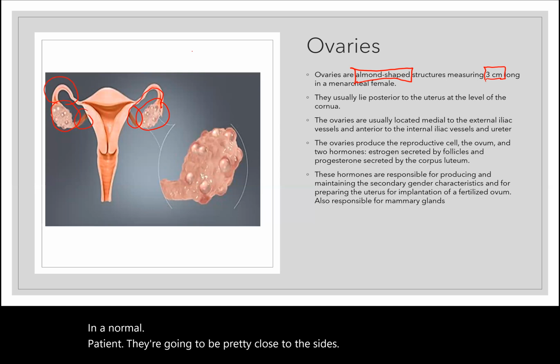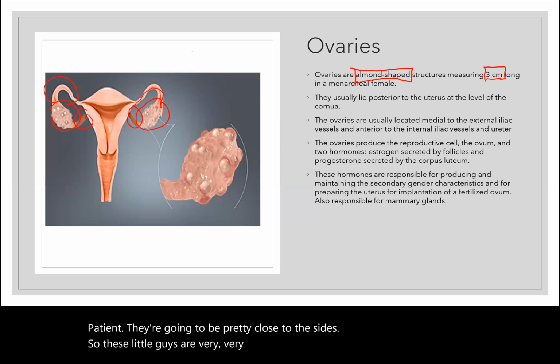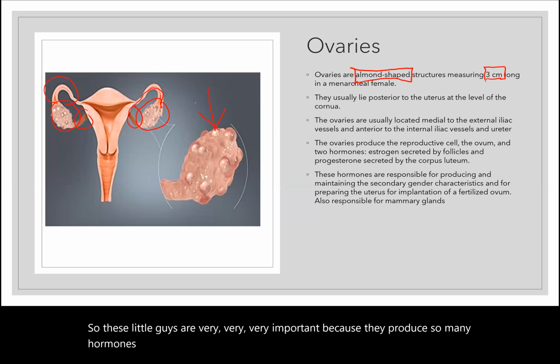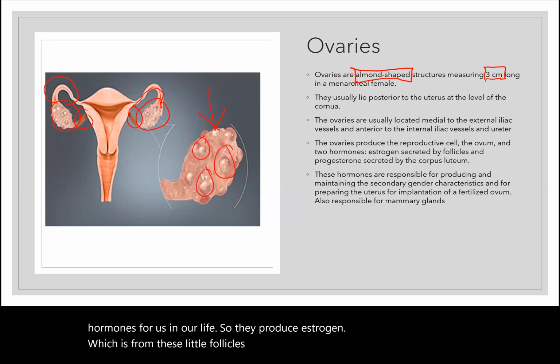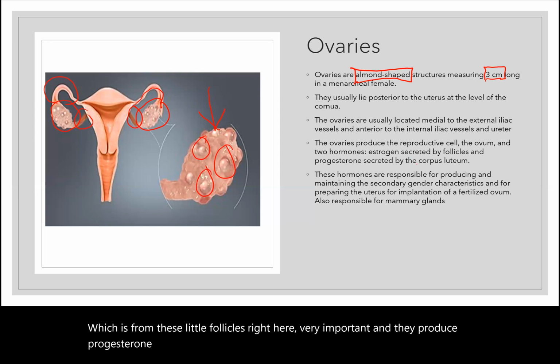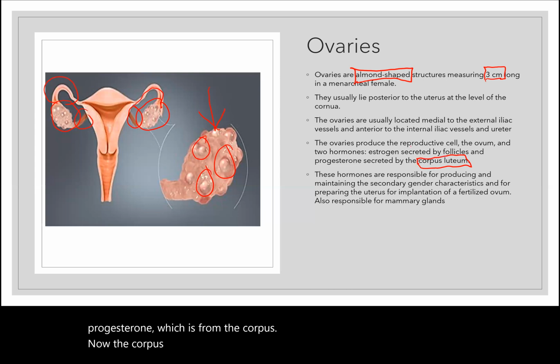So these little guys are very, very important because they produce so many hormones for us in our life. So they produce estrogen, which is from these little follicles right here, very important. And they produce progesterone, which is from the corpus luteum. Now the corpus luteum is what we call the portion of the Graafian follicle.